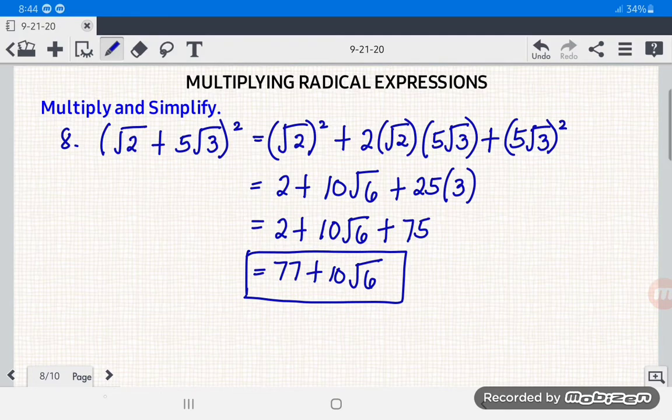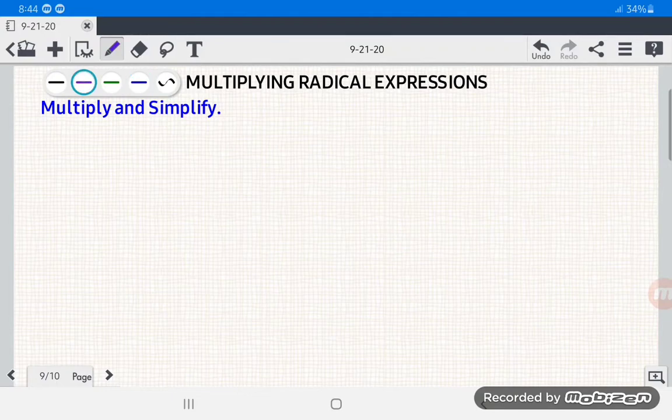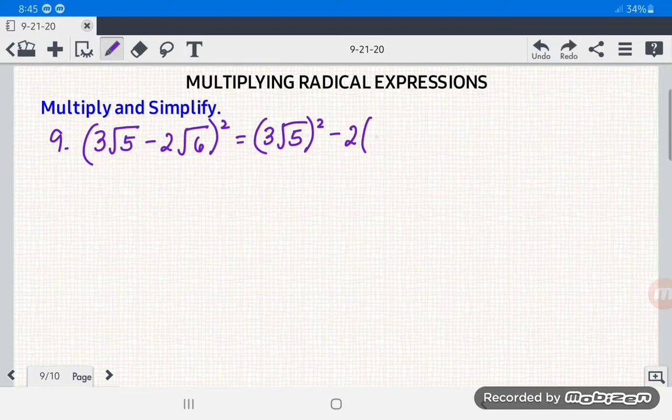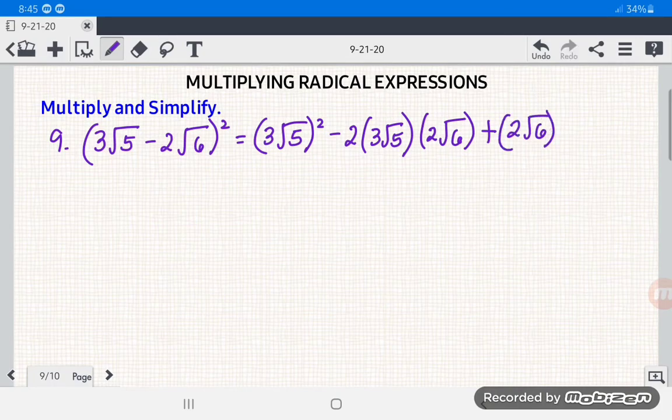So next, number 9, our last number. We have 3 square root of 5 minus 2 square root of 6 squared. Again, first term, we have 3 square root of 5 squared, minus 2 times the first term, 3 square root of 5, times the second term, 2 square root of 6, plus the second term, 2 square root of 6 squared.